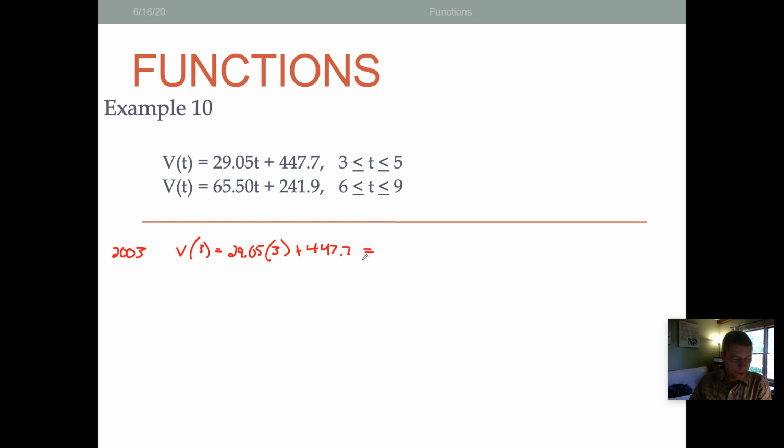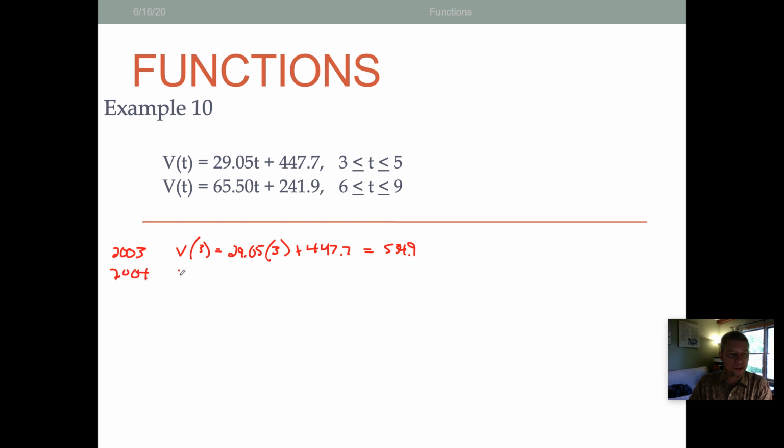And if you do the arithmetic here, you come up with 534.9. Because V is in thousands, this is 534,900 cars.